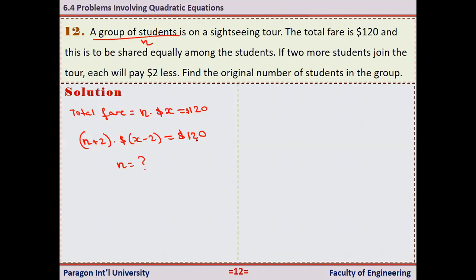As you see here, we have two equations and two variables, and by using the substitution method, we can solve this.